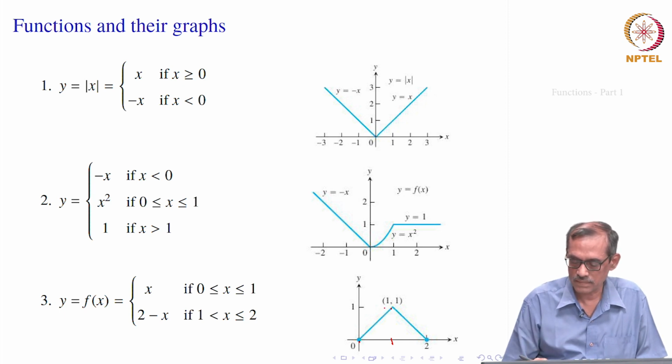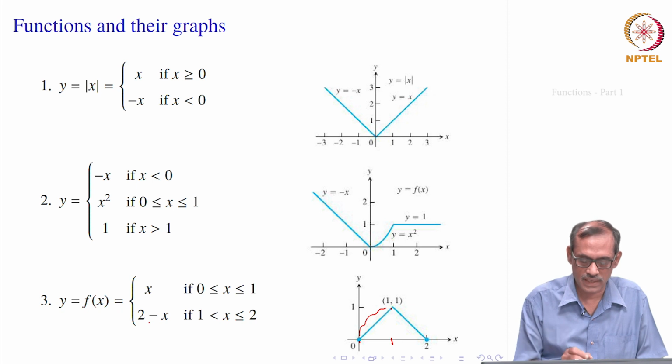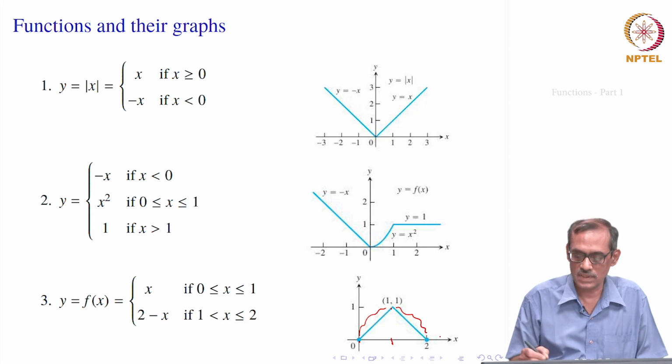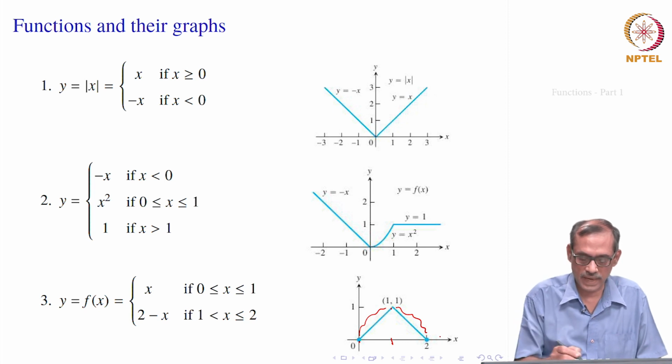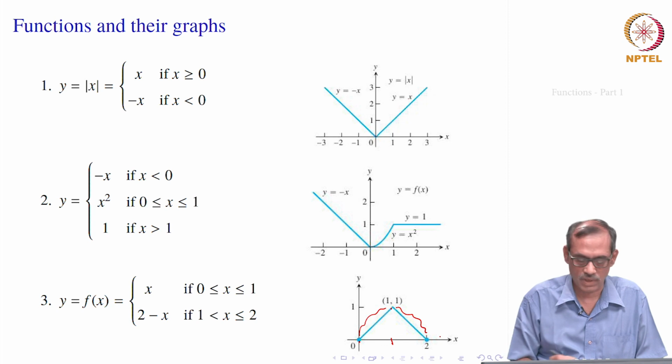So it is this line from 0 to 1, and y equal to 2 minus x, again a straight line, from this place to this place, x from 1 to 2. That is how the graph looks like. It is a hat function, x from 0 to 1, 2 minus x from 1 to 2.